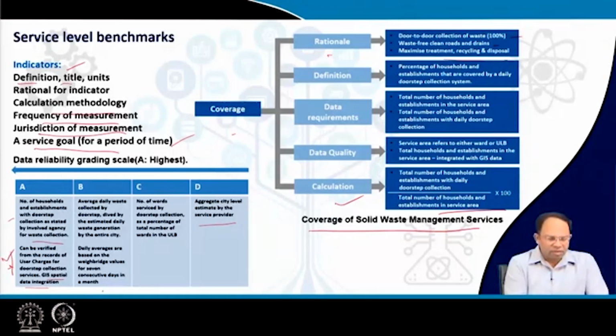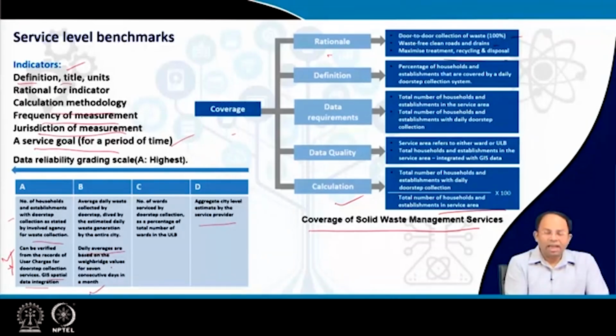But for the other levels, for example, if instead of this I use the data from weigh bridges, that is every day the lorries come with the waste to the solid waste landfill or the incineration plant, wherever it is, and the daily averages of how much waste is collected is based on the weigh bridge values, that is the load of those lorries for 7 consecutive days in a month.